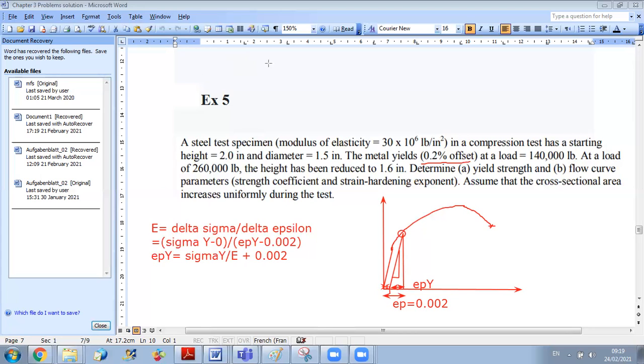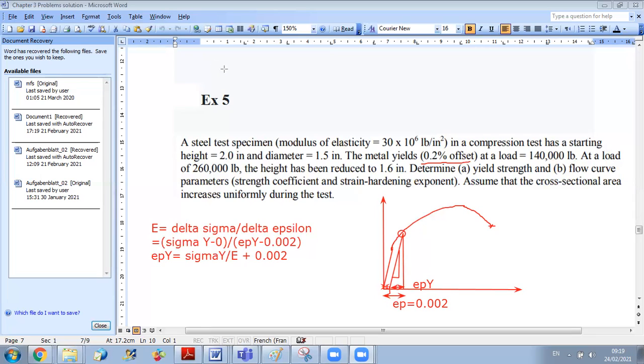So now, in the next step, since I know the characteristics of the yield point, and these are the engineering characteristics, I can use the formulas I know to convert. Because I know the relation between true stress-strain values and engineering stress-strain values, I can relate them through the formulas we developed last time.